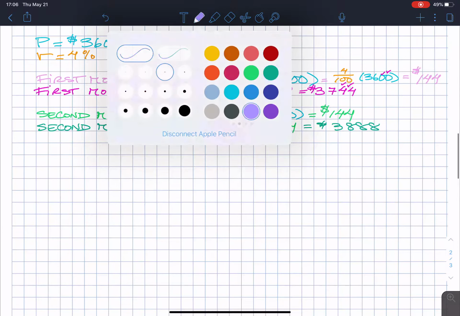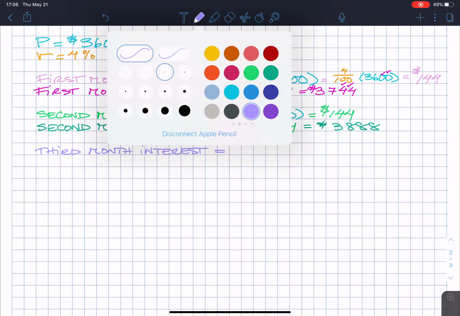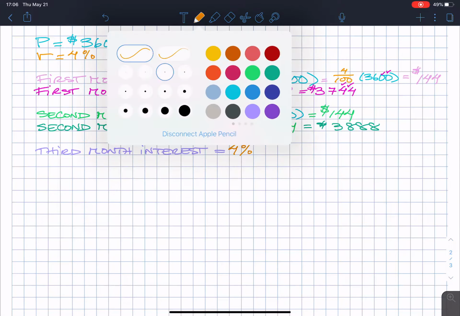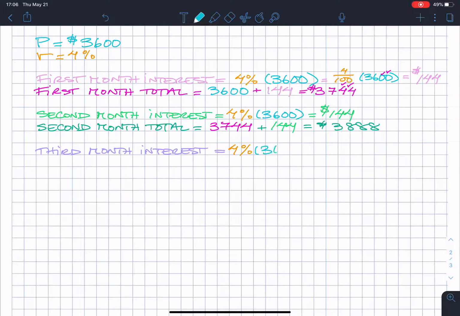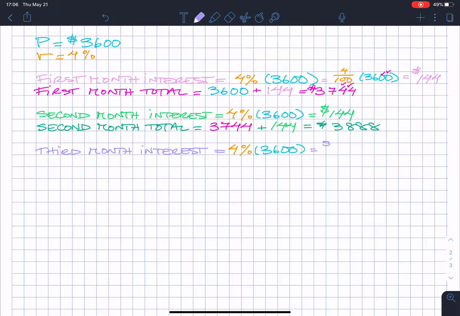Okay, so finally, let's find the third month interest. Once again, I'm not compounding, so it's just 4% of the principal, where the principal was $3,600, and we already know that that's $144.